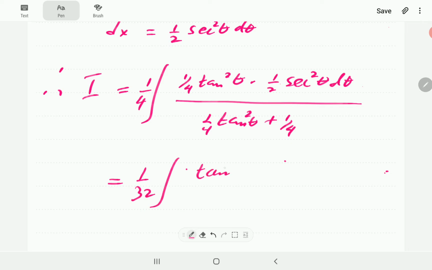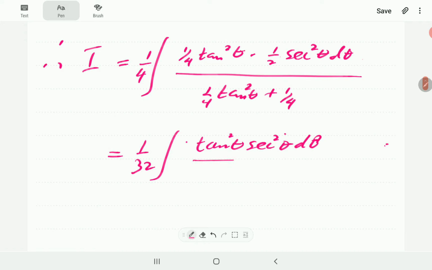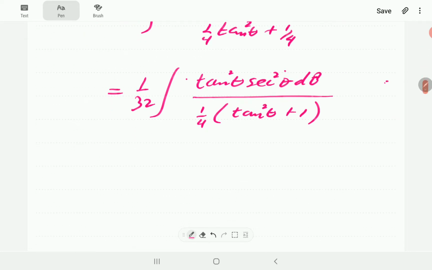In the numerator we've got tangent squared theta secant squared theta d theta. In the denominator we're going to factor out 1 over 4, and so we're going to have tangent squared theta plus 1, and then remember that tangent squared theta plus 1 is secant squared, so the 1 over 4 in the denominator becomes 4 in the numerator.